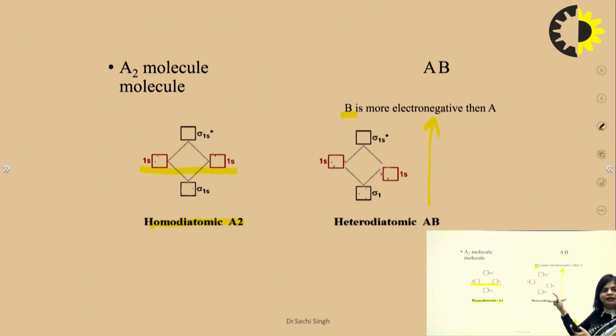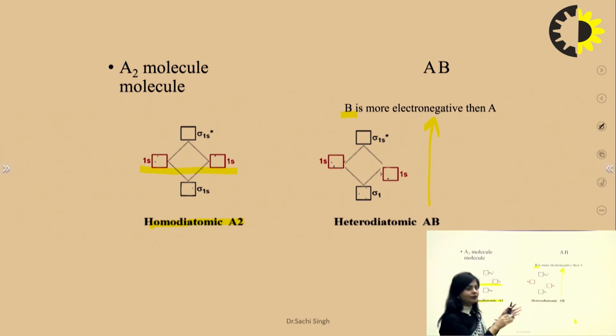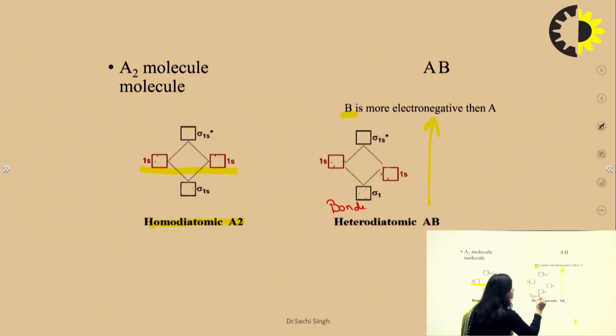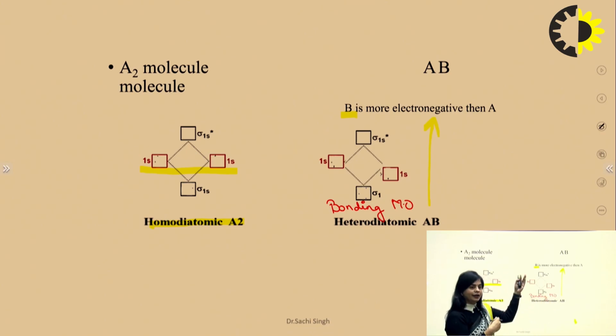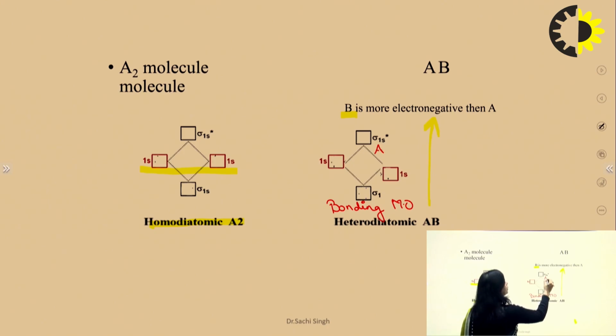Lower in energy means towards the bonding molecular orbital. We already know that the lower one is called the bonding molecular orbital, and the one with higher energy, which is unstable, is the antibonding molecular orbital.